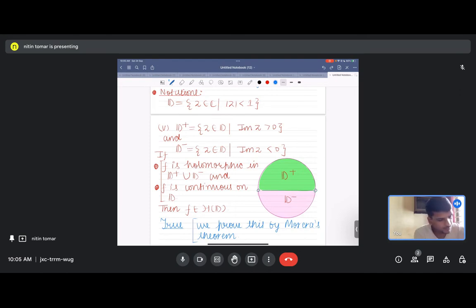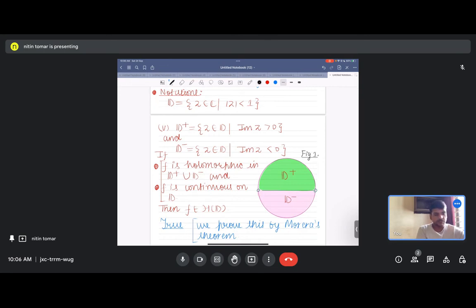In figure 1, D plus is precisely the upper half part of the open unit disk, and D minus is the lower half part of the open unit disk, which is the set of all complex numbers lying in the open unit disk whose imaginary part is strictly negative.